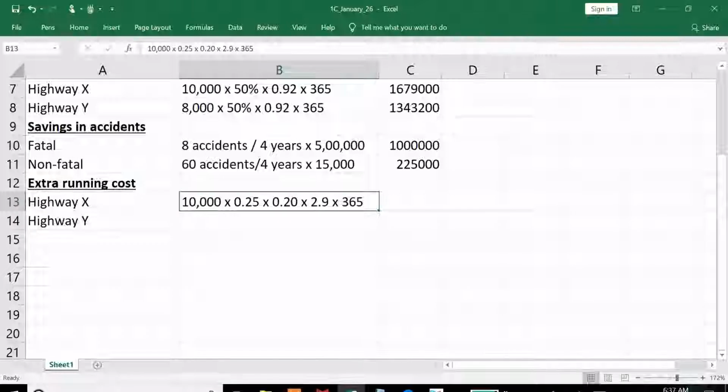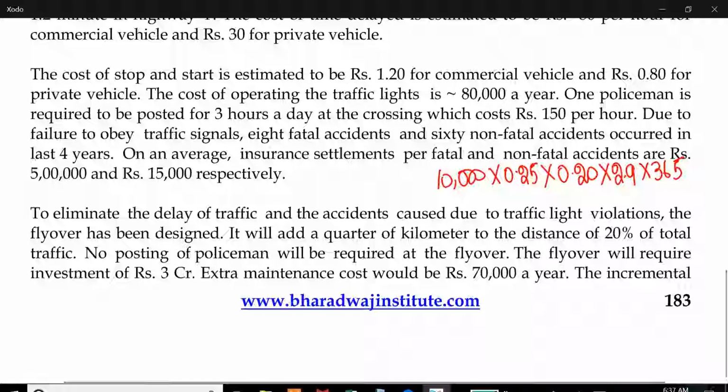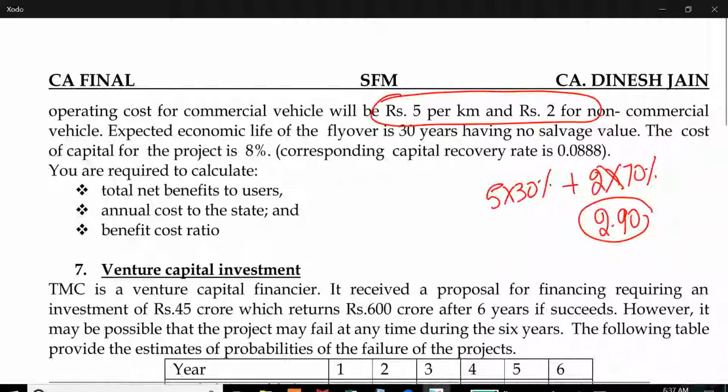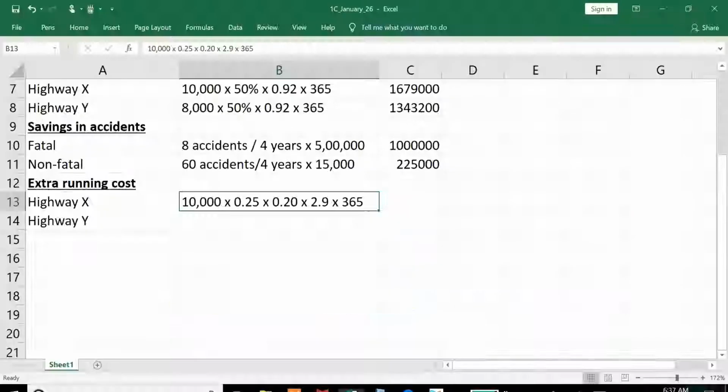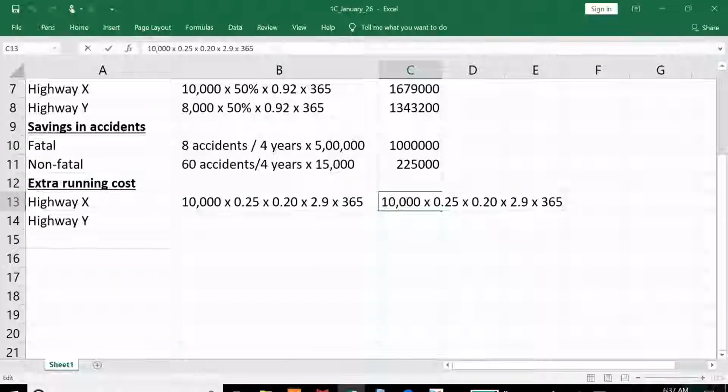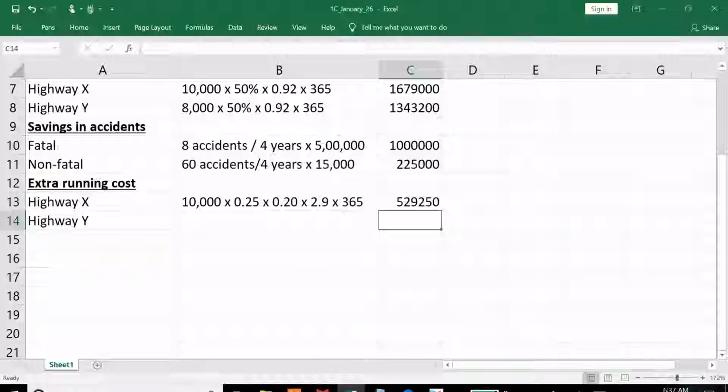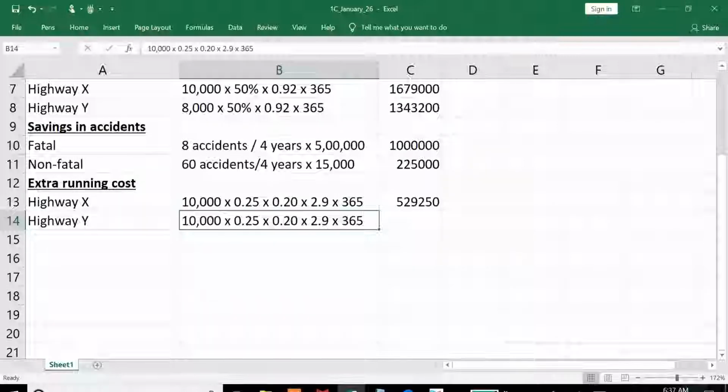2.9 is 5 into 30% plus 2 into 70%, the same mix, 30-70. So in 3 places we have taken the same mix, 5 into 30% plus 2 into 70%. The other one will be 8,000 vehicles and the same numbers.